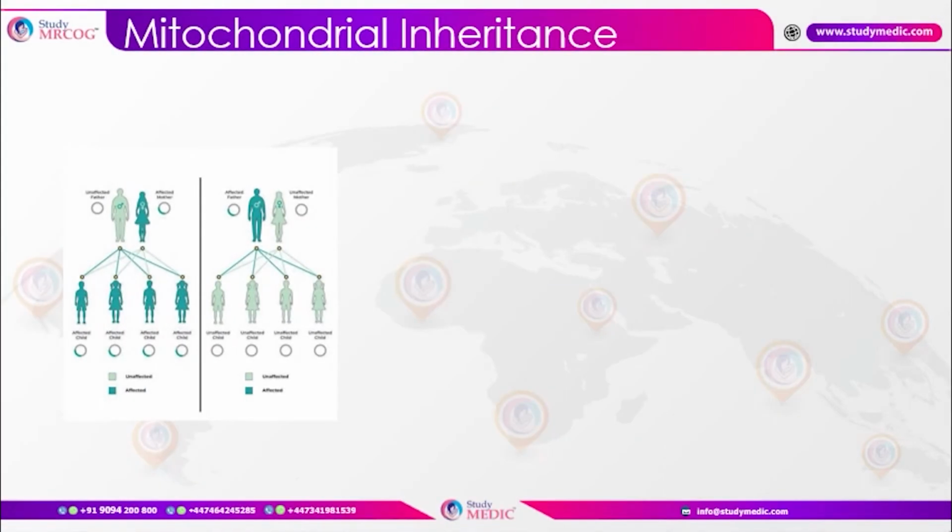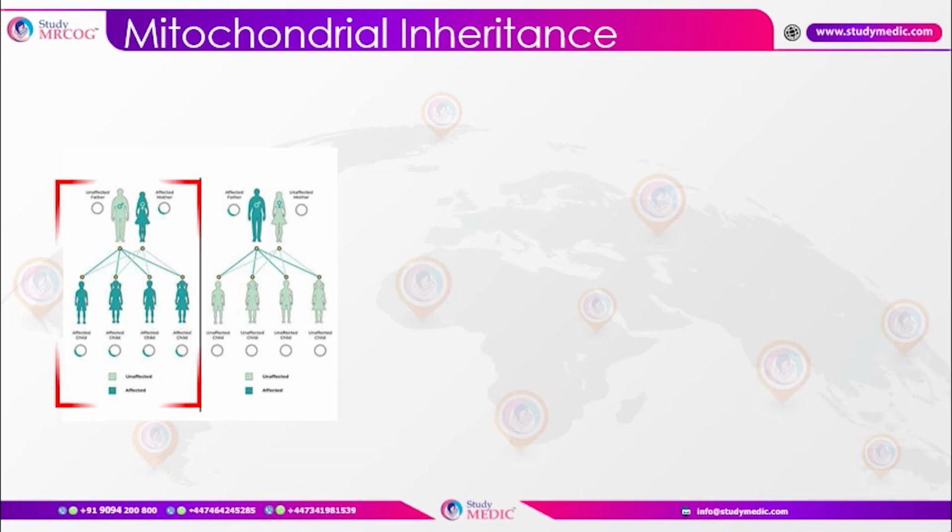So now this is what we call mitochondrial inheritance. Mitochondrial inheritance is exclusively maternal, as none of the mitochondria from sperm survives fertilization. Therefore, only daughters of an affected mother can transmit the trait related to the mitochondrial DNA.